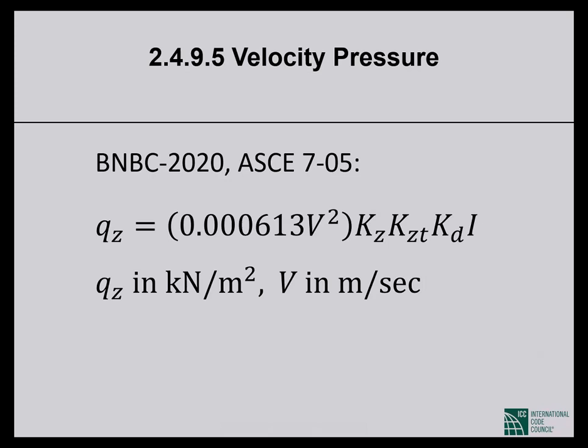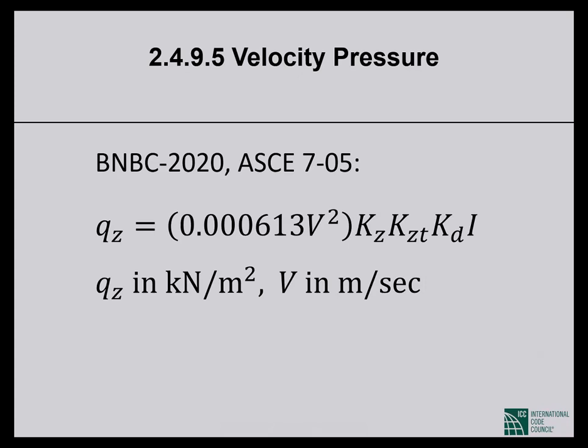Okay, so the velocity pressure q you will seldom see without a subscript. It is always q sub z or q sub h. q sub z is the value of q at a height z above ground level. So here it will be z feet.